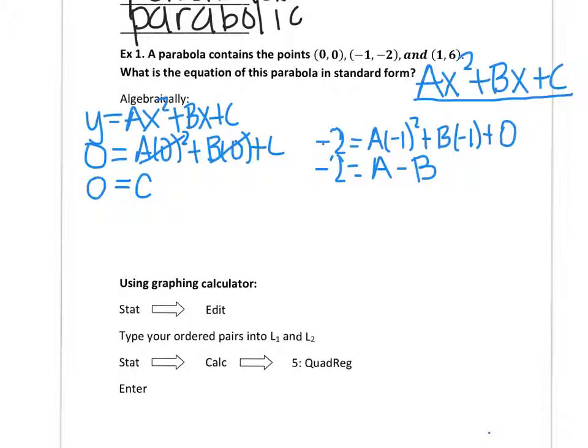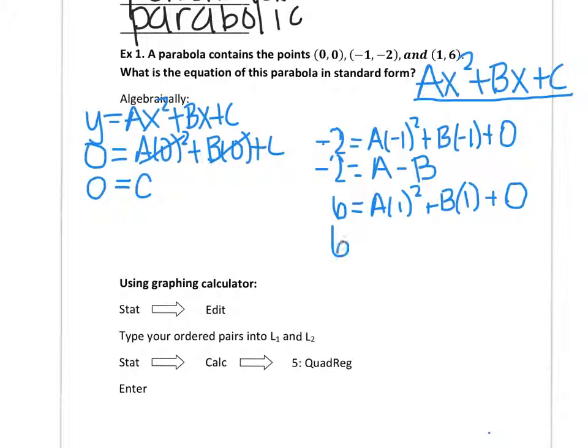Now I'm going to do my third one. So I'm going to take (1, 6) and put it in. And then again, same thing. I know c is 0. So I'm going to go ahead and put in the 0.